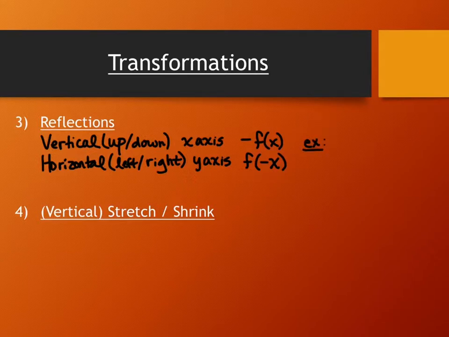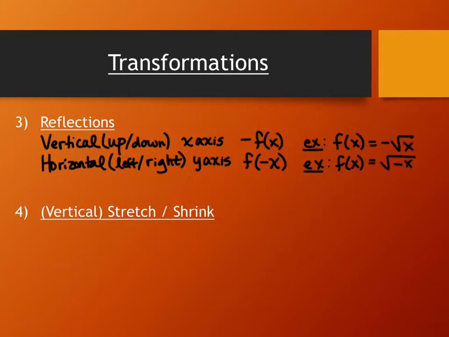An example might look like, let me see which one I wrote down earlier. F of x equals a negative square root of x, like this, where the negative is on the outside. But if you were doing it on the inside, you would get a horizontal reflection.